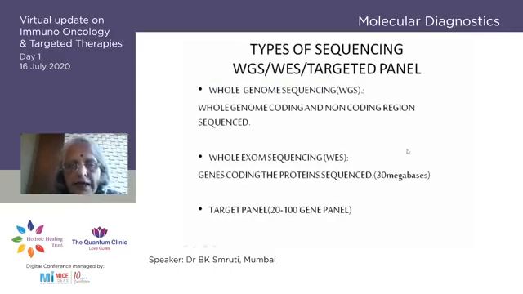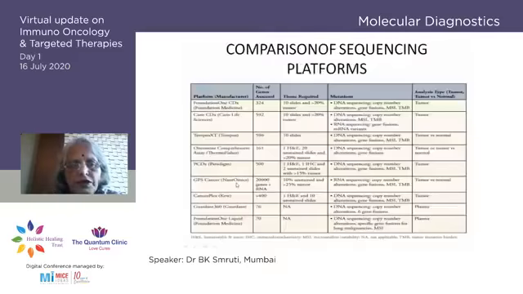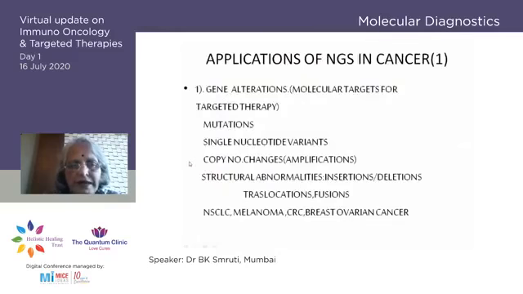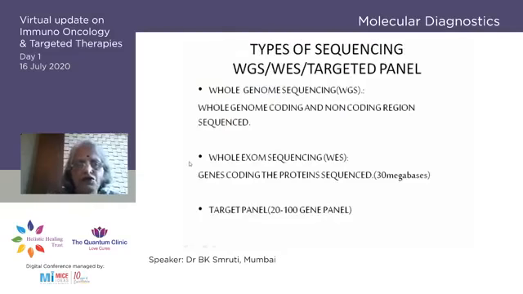So there are different types of sequencing. That is the whole genome sequencing, then the whole exome sequencing, and the targeted panel sequencing. Now the whole genome and whole exome sequencing are very time consuming and expensive procedures. So most of the time what is now used is the targeted panel sequencing, which may be 20 to 100 gene panels.